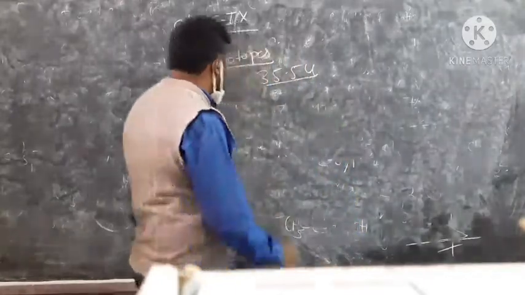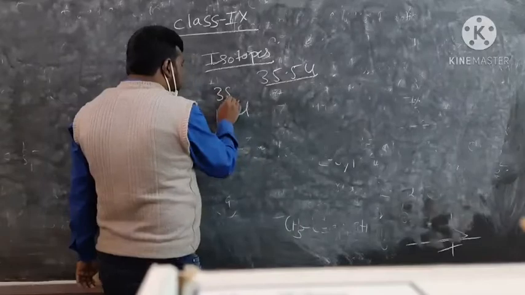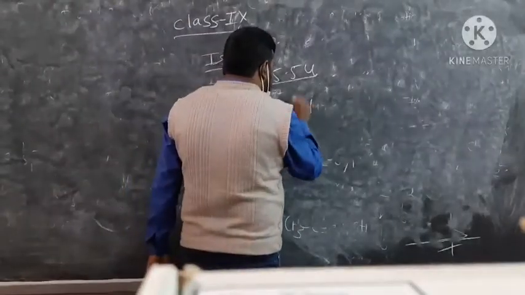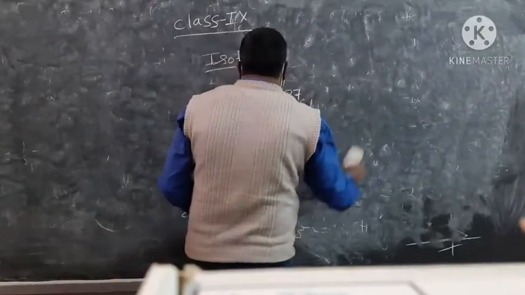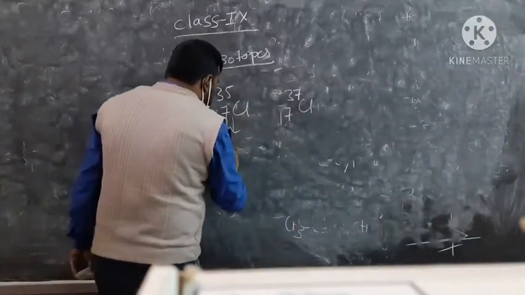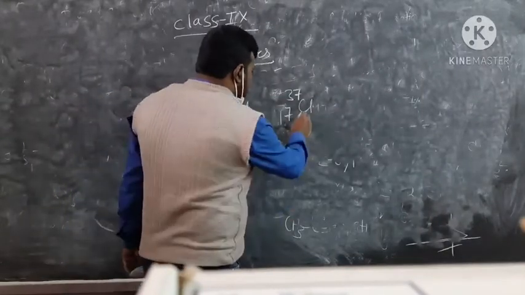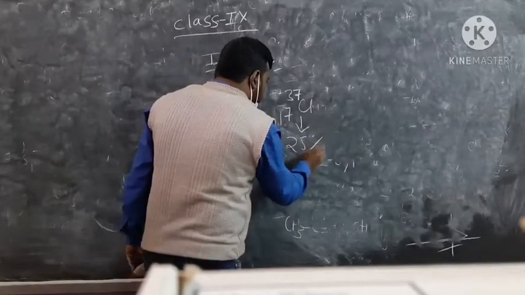Now let us consider that chlorine has two isotopes in nature. One is 17Cl35, another is 17Cl37. 17Cl35 exists in nature at 75%, and 17Cl37 exists at 25%.